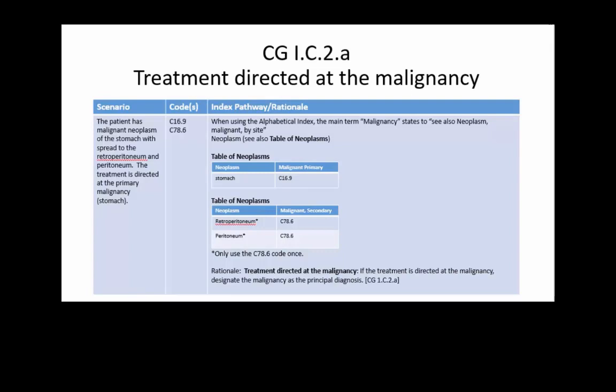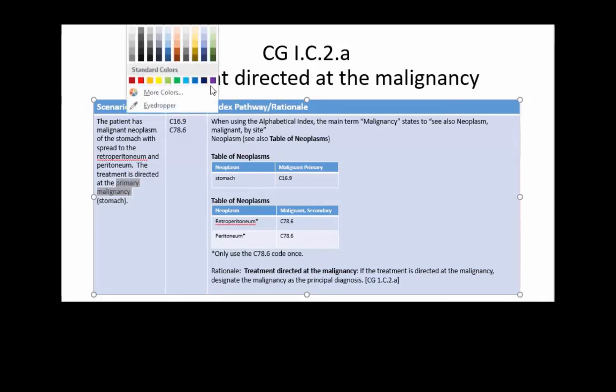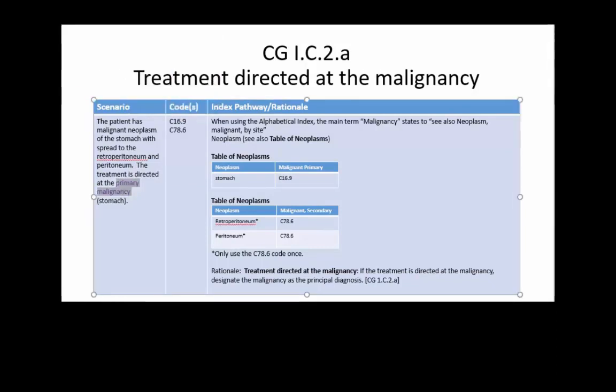In this case, the treatment is directed at the primary malignancy. That is right here in the diagnostic statement. And then I have here the codes for you and the index pathway that shows you.